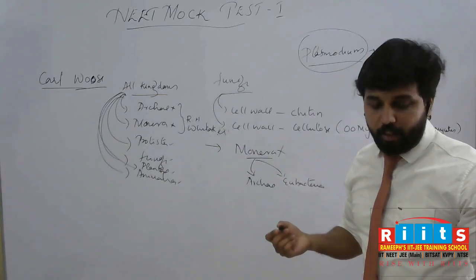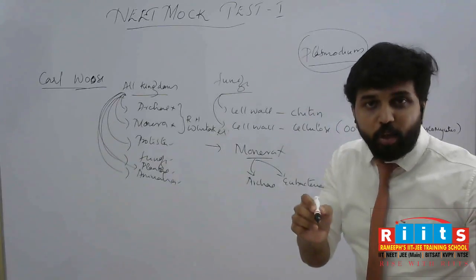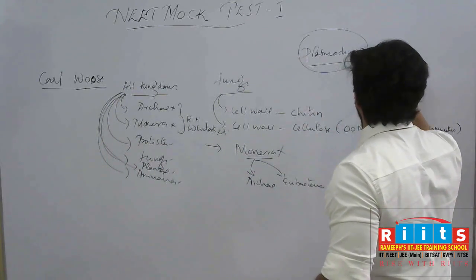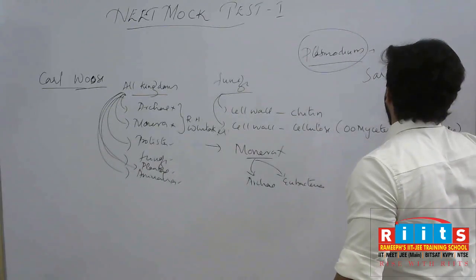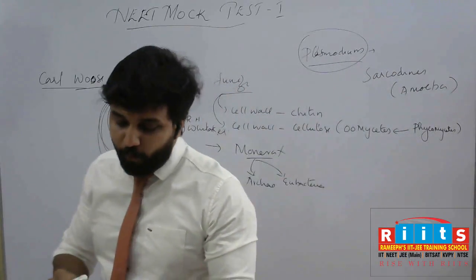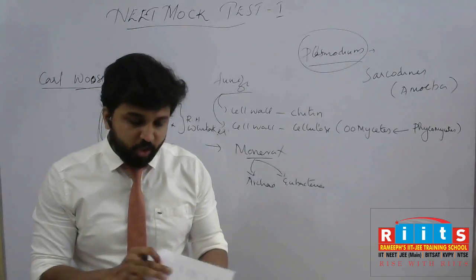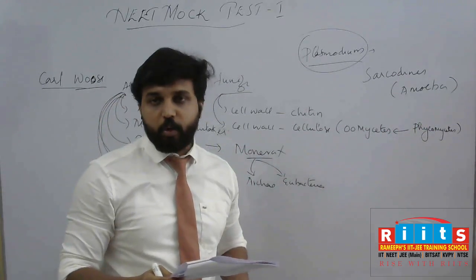So that option is wrong. Pseudopodia actually belong to sarcodines, as in the case of amoeba. So option 4 is the wrong option. Pseudopodia as locomotor and feeding structures are not seen in sporozoans, but in sarcodines or amoeba.